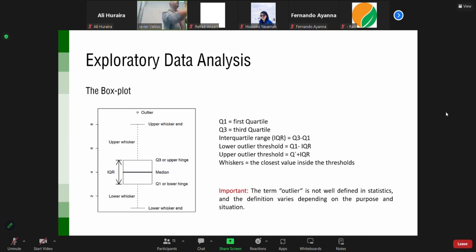It's a measurement to see at which point we should classify a data point as an outlier. Well, the box plot is helping us.